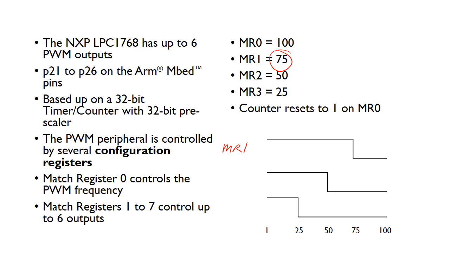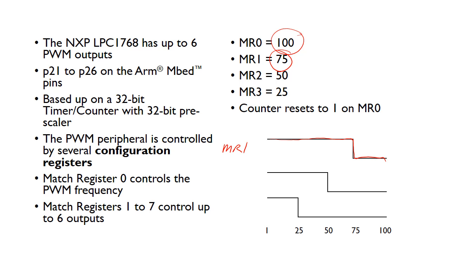When the timer counts up, the period starts off at 1, it's going to count up, and when it gets to 75, the output will clear and go to 0.